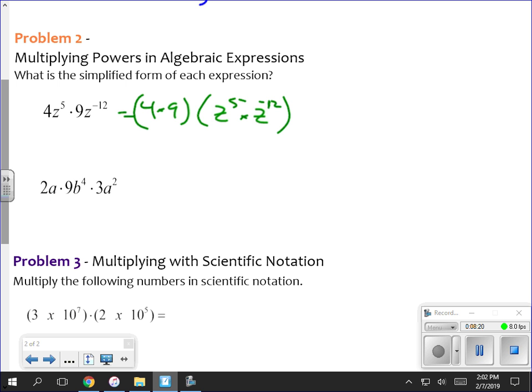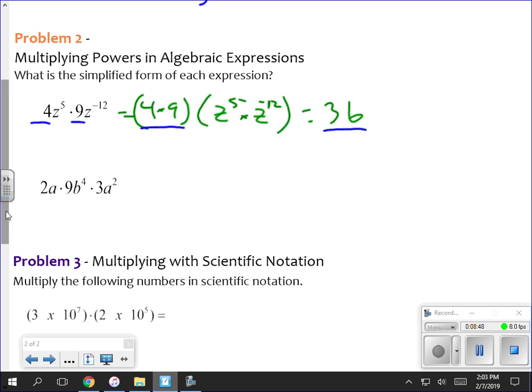When I have numbers and variables both, the numeric portion gets multiplied like normal numeric portions. 4 times 9 is 36. The multiplication of the numbers in front just gets multiplied like normal. There's no exponents on the numbers.